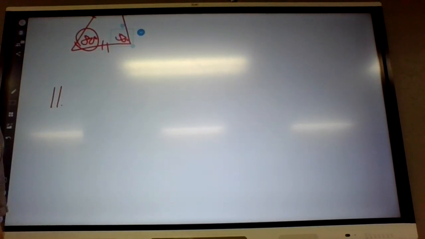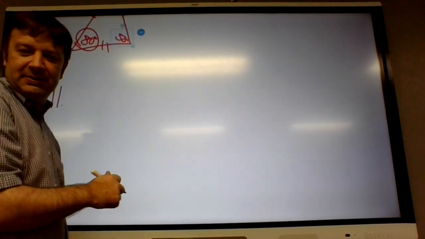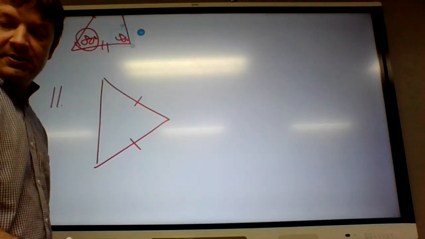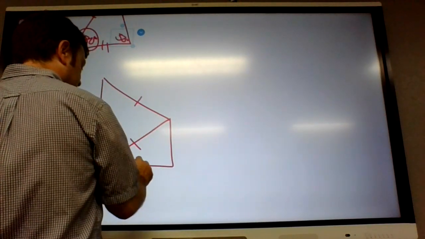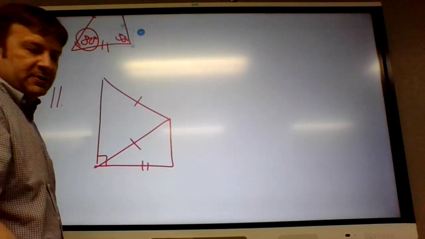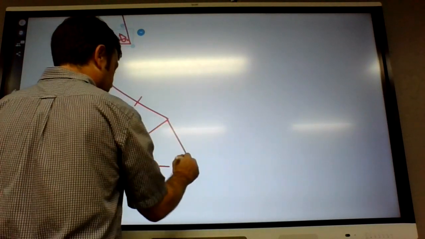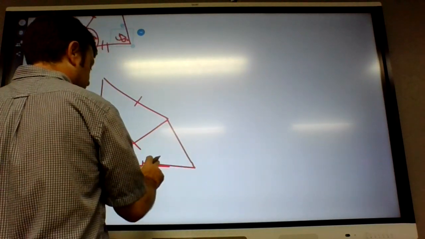Oh gosh, it's hard to draw all these. Got something like that. These 2 are the same. Got a little triangle down here. I think these 2 are supposed to be the same. Oops.